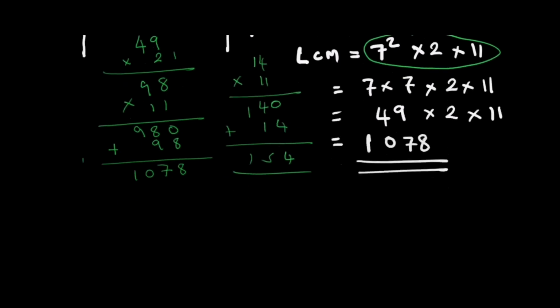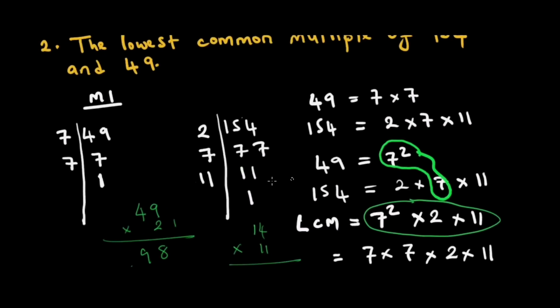Let us authenticate our answer using method number 2. For method number 2, we use a more direct approach. Instead of doing what we did here, where we expressed 49 as a product of its factors separately and 154 as a product of its factors separately, we do it all in one go. It also gives us the lowest common multiple.